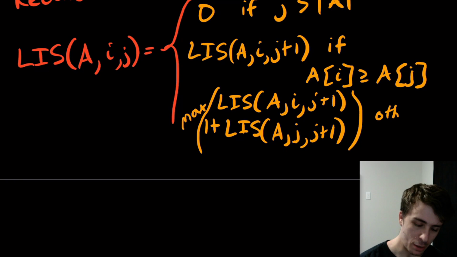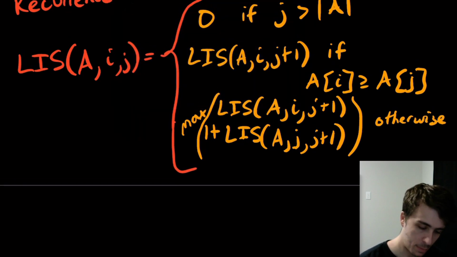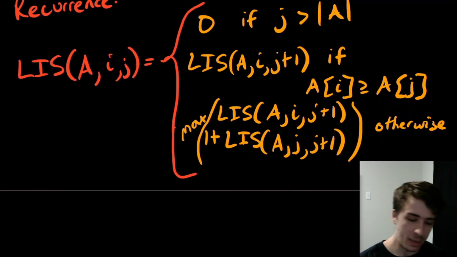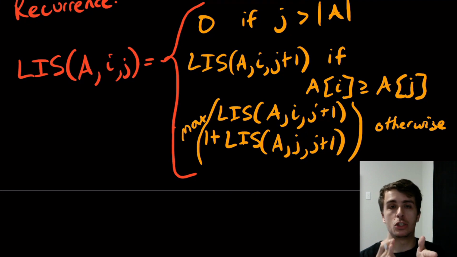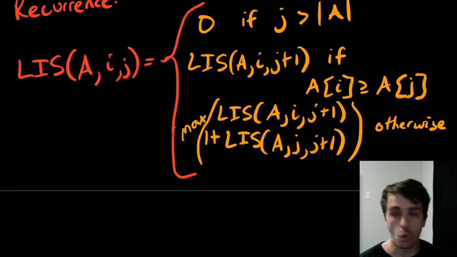And then I'm going to put here otherwise. So here it's saying it's 0 if the index is too far. It's going to be, if we just skipped over the jth element and tried the next one, if the jth one is not possibly going to be part of an increasing subsequence, and it's going to be the maximum of not including the jth element and including it.